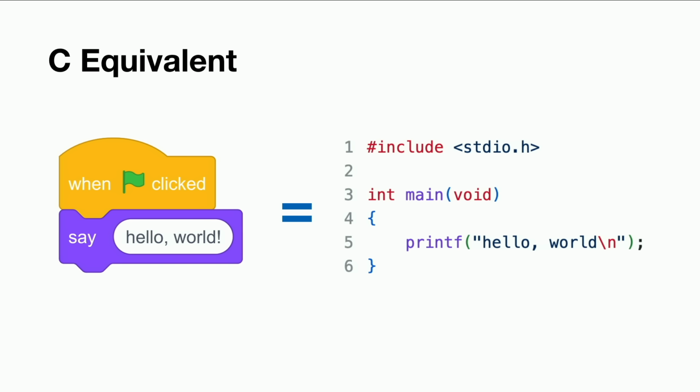This week, we're transitioning into C, which is this more text-based language, but these two things are still doing the exact same thing, despite the one on the right looking a little bit more cryptic with a little bit more syntax. But hopefully over the course of this week, you'll get a little bit more comfortable with seeing this and understanding what that means.